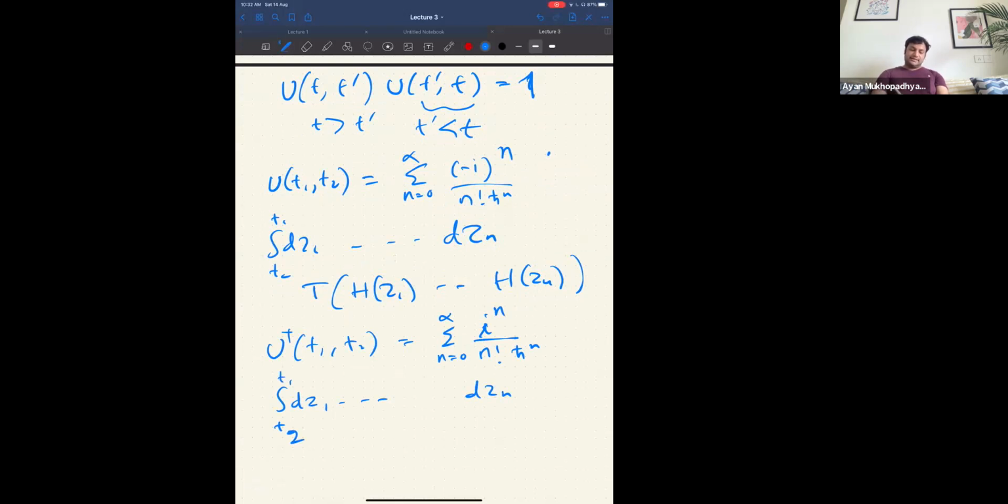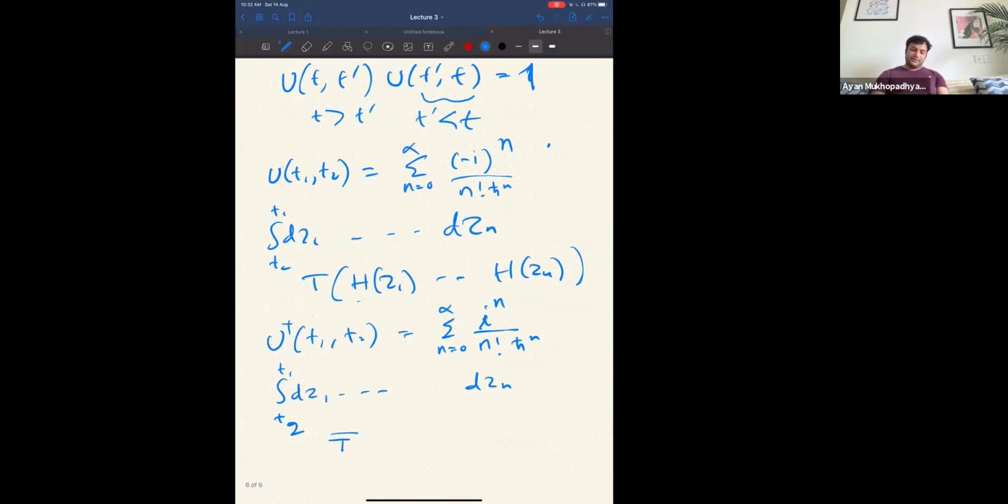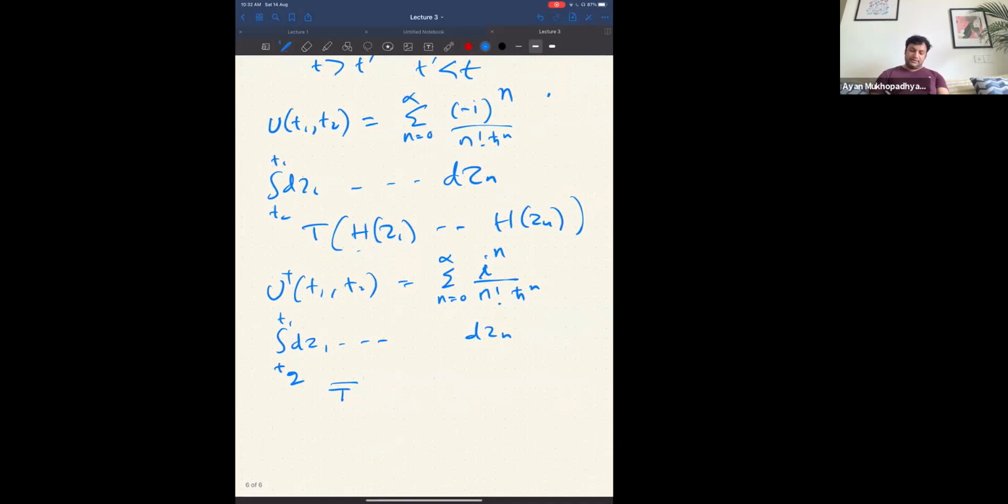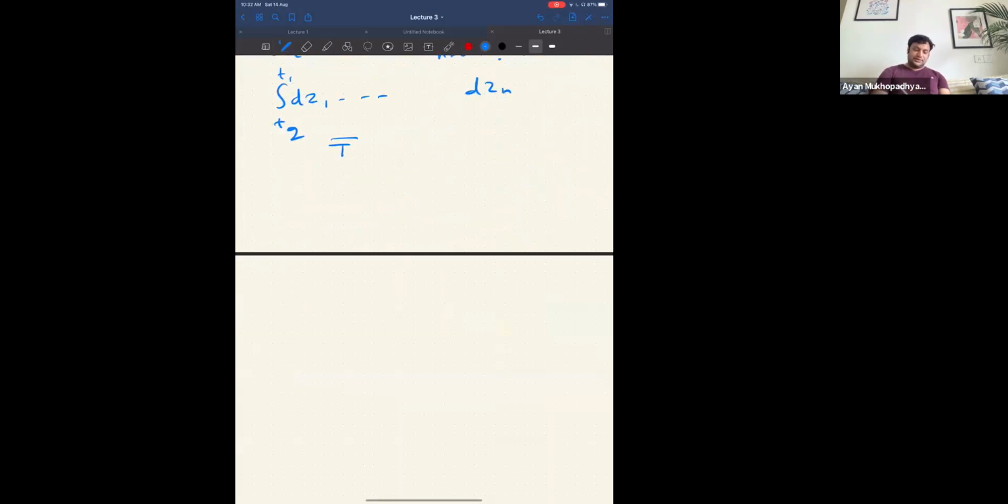Now, if I take the Hermitian conjugate of a time ordering, and all of these are Hermitian operators, this becomes simply anti-time ordering, right? Because what is time ordering? Suppose I'm taking time ordering of two Hermitian operators, A(t1), B(t2), and without loss of generality, we can say that t1 is greater than t2; you can always take the other case.